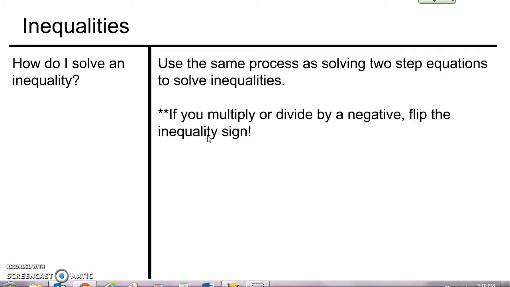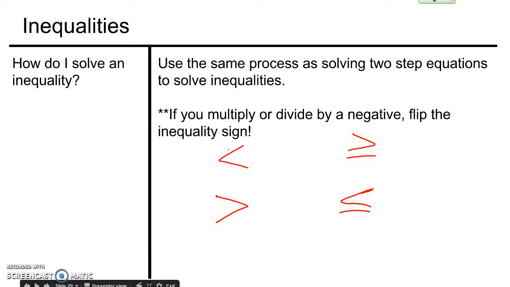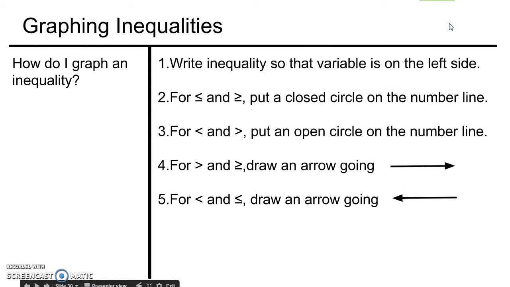It means if we had a less than symbol, we flip it, it's now greater than. If we had greater than or equal to, when we multiply or divide by a negative, we flip it, it's now less than or equal to. So we flip that inequality sign only when we multiply or divide by a negative number on both sides when we're solving that inequality.